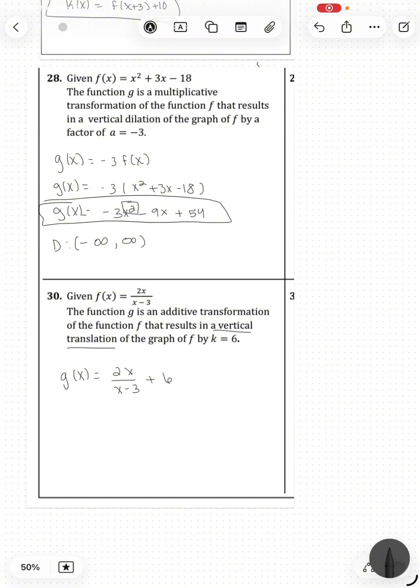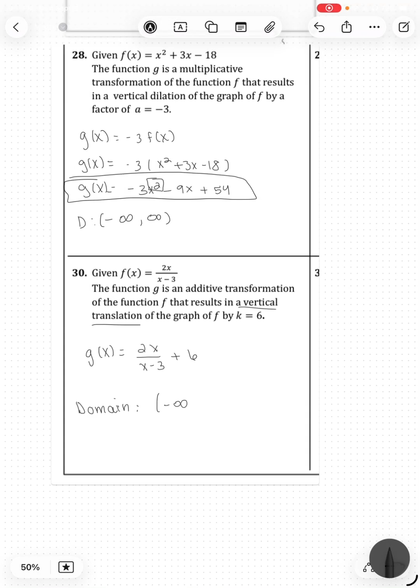And if we were to be asked for the domain here, it would be negative infinity to 3, union 3 to infinity. The reason it's not all the way to positive infinity is because of this vertical asymptote here, which would stop us right at positive 3.